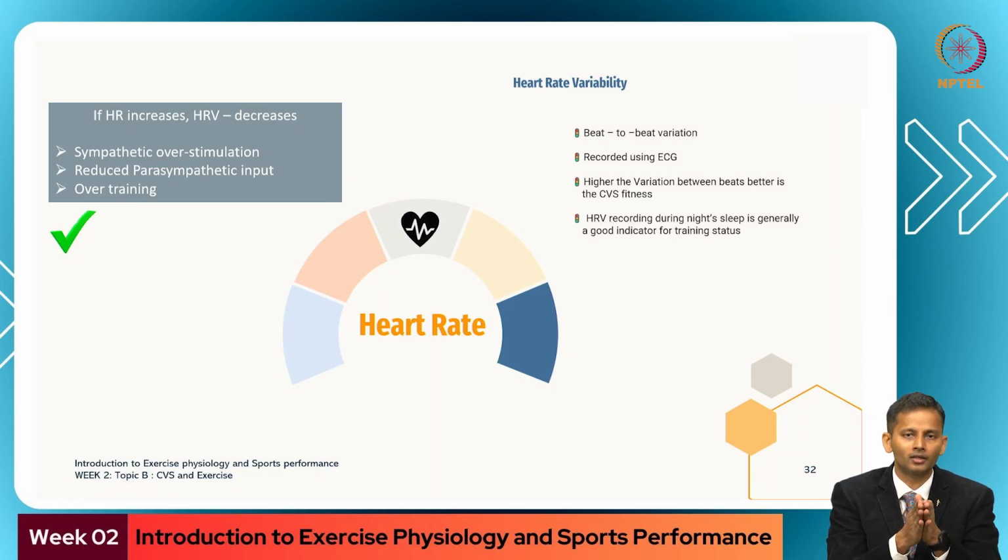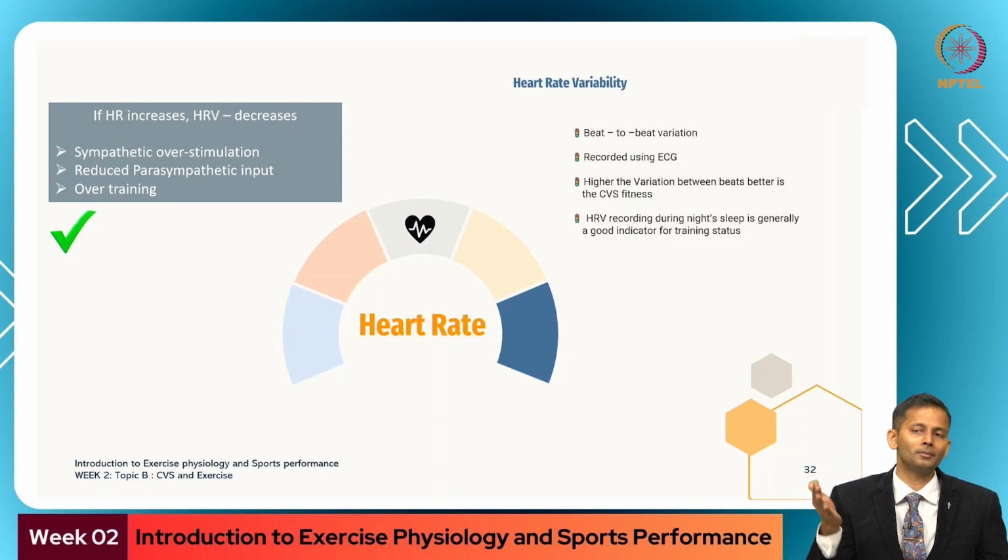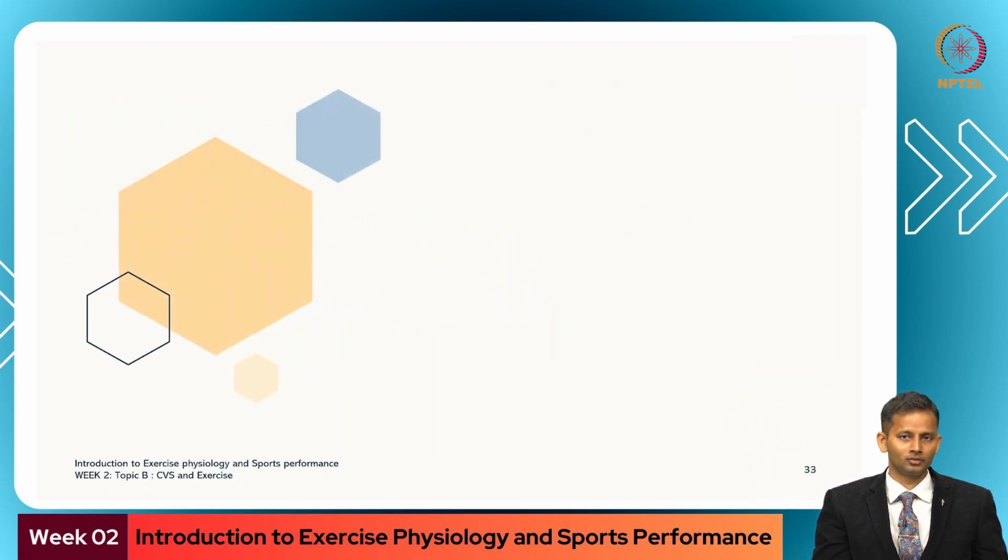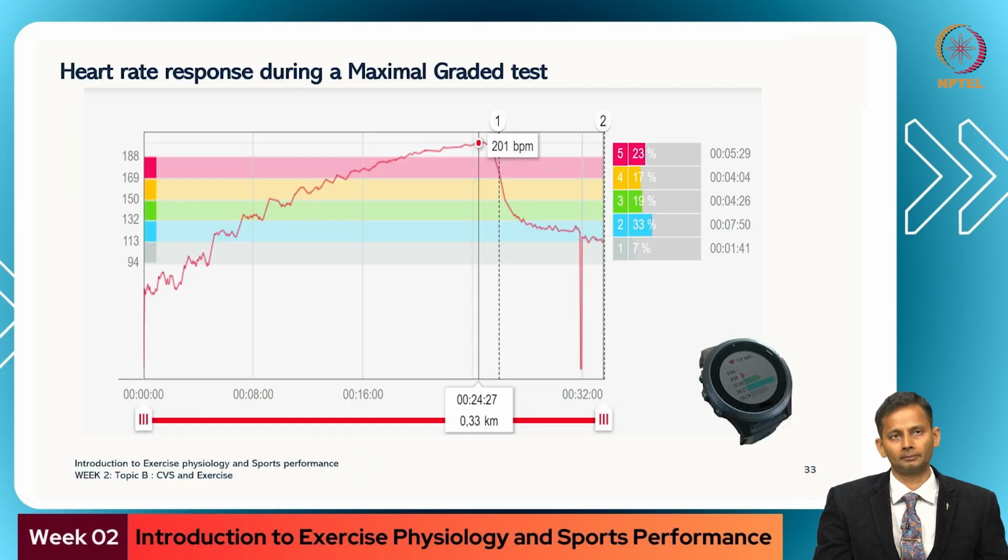When the variability decreases, that may be because of increased sympathetic stimulation, or decreased parasympathetic input to control, or can also be a sign of overtraining. So that's the importance of heart rate variability.